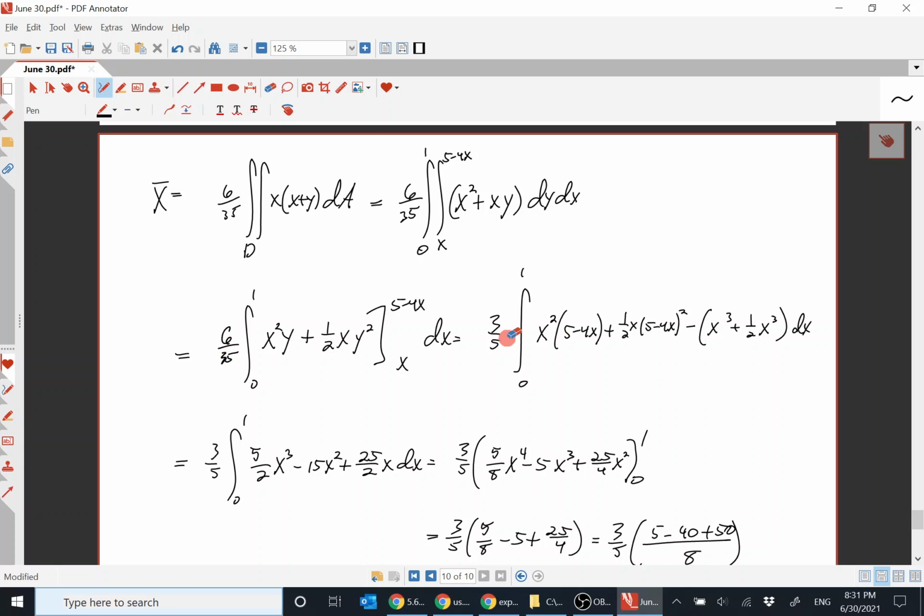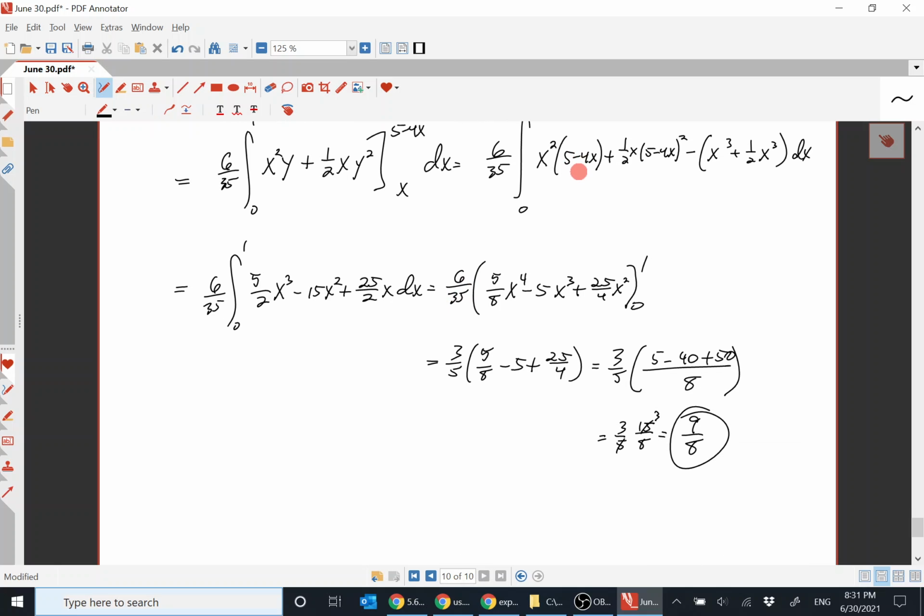Six over 35. Of course, that's a much smaller number than what we had before, so this is bound to be less than 1.